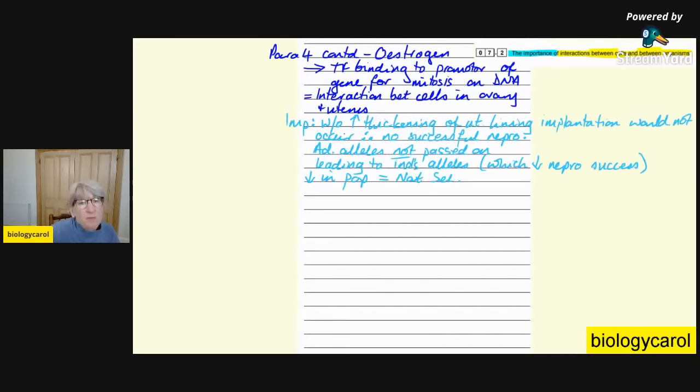So, importance. Without the increased thickening of the uterus lining, implantation would not occur and therefore no successful reproduction.